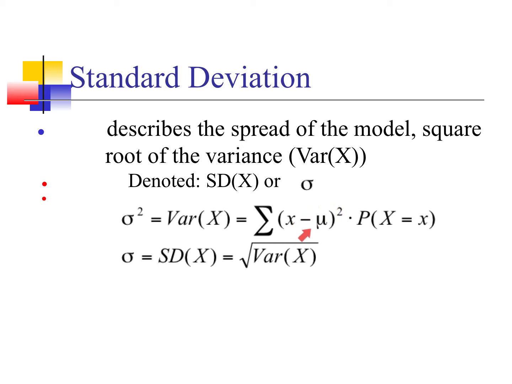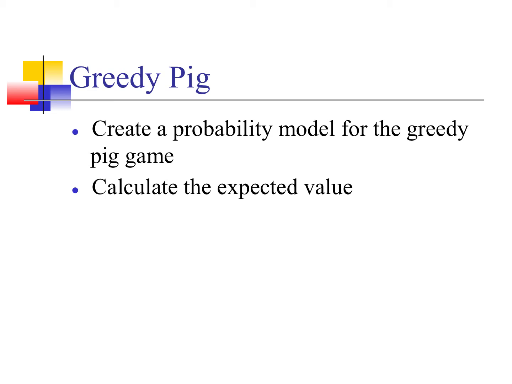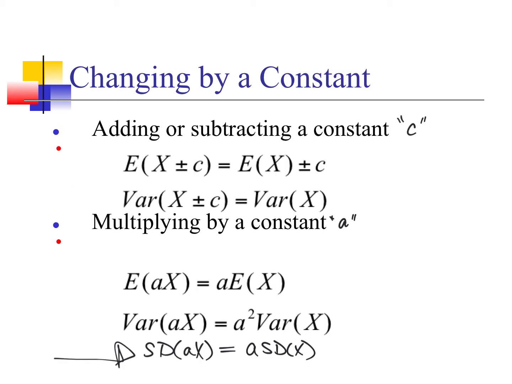Remember, because the mean, if I subtract them all from the mean, I end up with 0. Then times the probability that you get that point value. And then to get the standard deviation, we take the square root of that answer. We're going to come back to creating a probability model for Greedy Pig and calculating that expected value later.